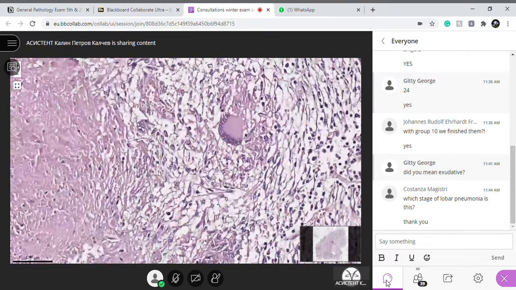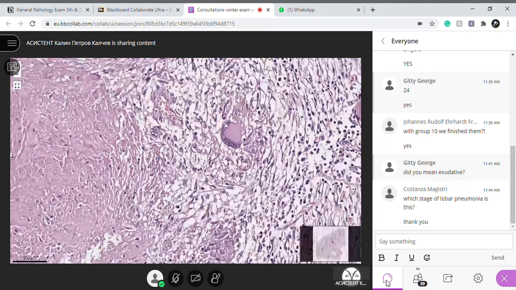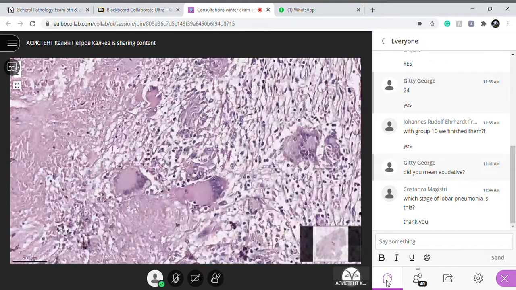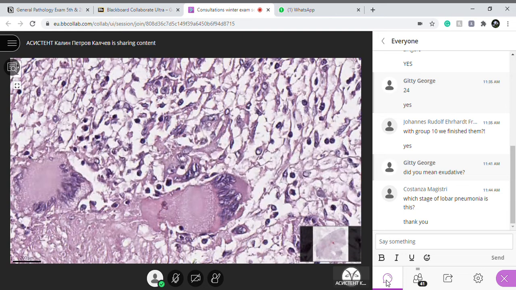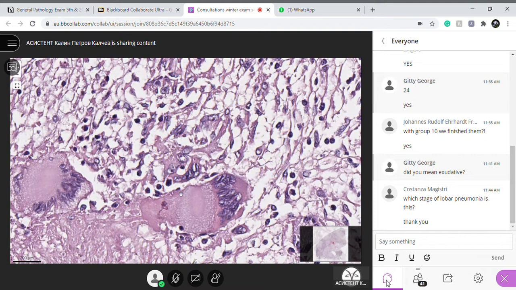So we have multinucleated Langhans cells, and we can see also some epithelioid cells. These epithelioid cells are over here. When they cooperate, when they fuse, they merge with each other and form these multinucleated giant cells.